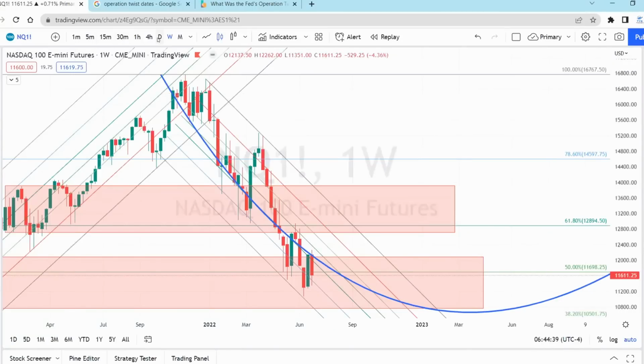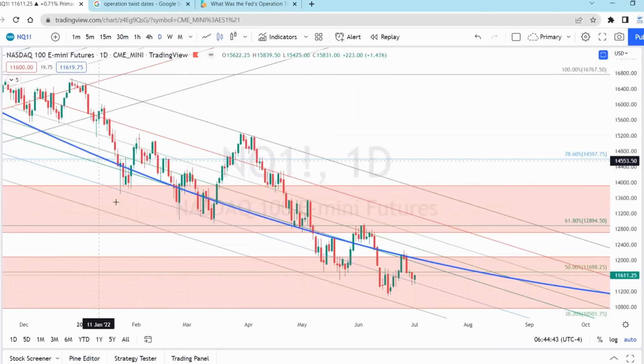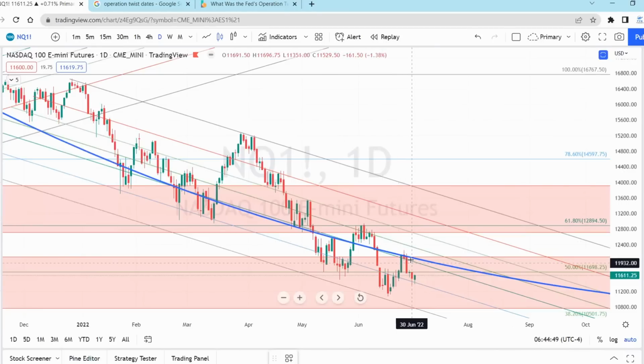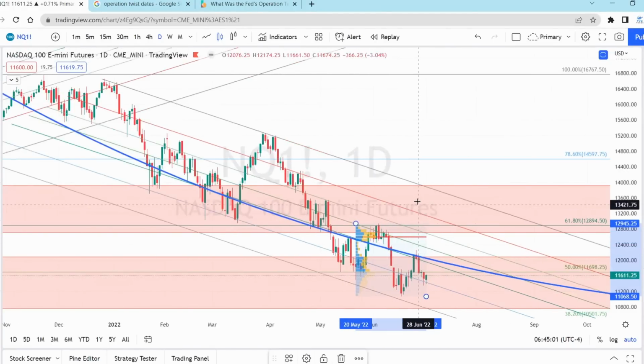So if you were looking at the daily chart, if I just go and check out this, what candle was that? 20th of May, right? Yeah, that was the old low. That was the old low before the Fed crushed it.